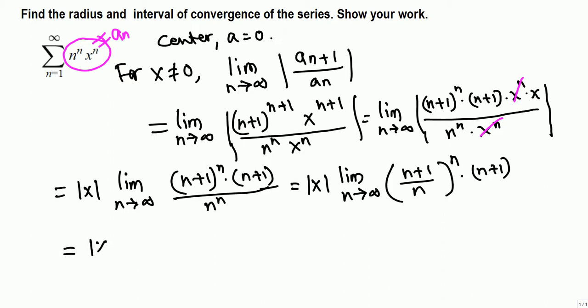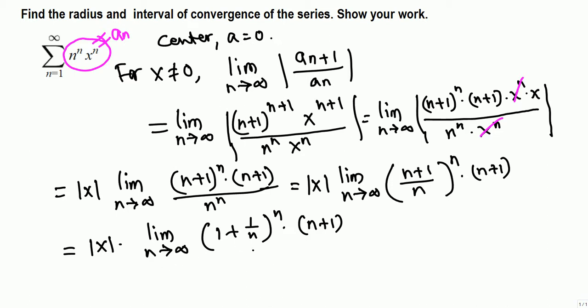Which is the same as absolute x times the limit as n goes to infinity of, let's look here, we can split this fraction. n over n is 1, plus 1 over n, to the n, times n+1.